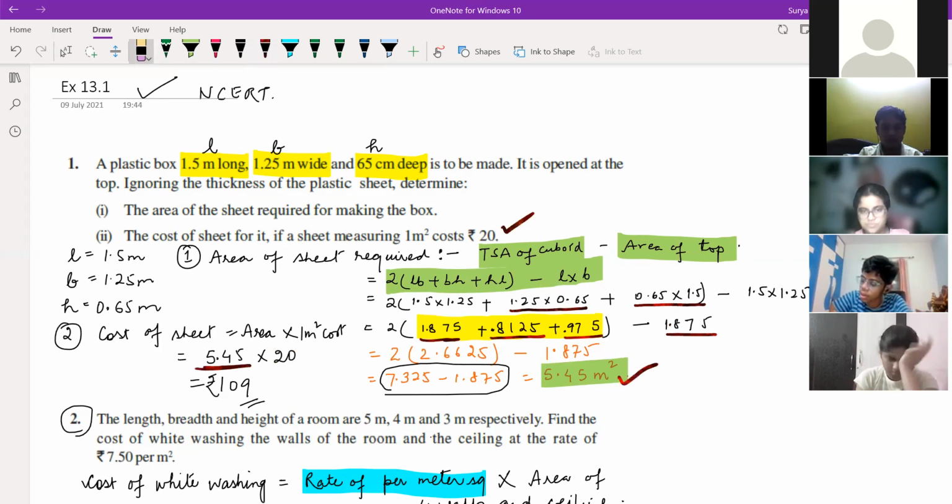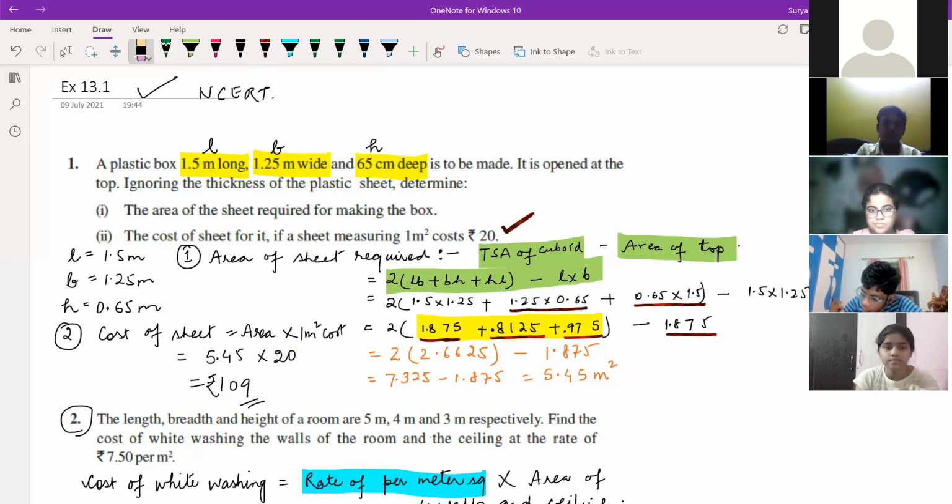Now do question number 2. The length, breadth, and height of the room are 5, 4, and 3 meters respectively.